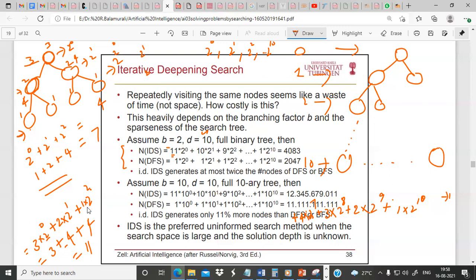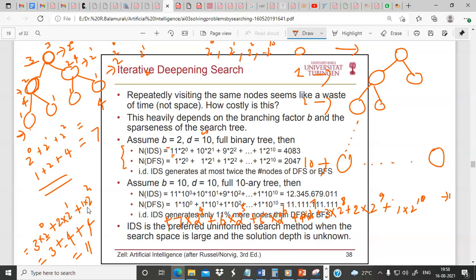Right? At the next level, we have how many nodes? 2 to the power 6 nodes, and they will be explored 5 times. At the next level, 2 to the power 5 nodes, explored 6 times. At the next level, 2 to the power 4 nodes, explored 7 times.